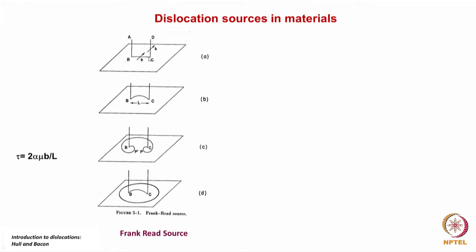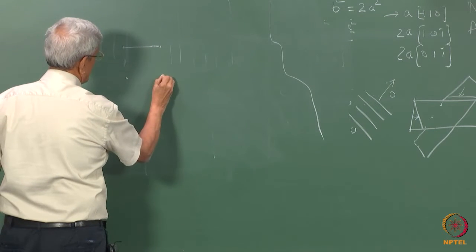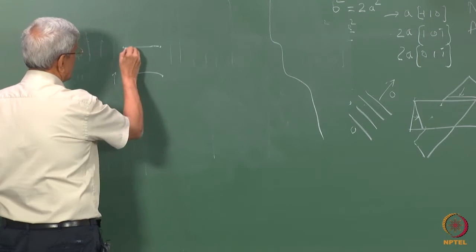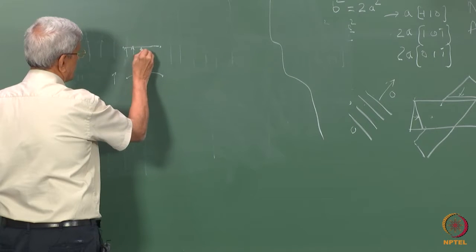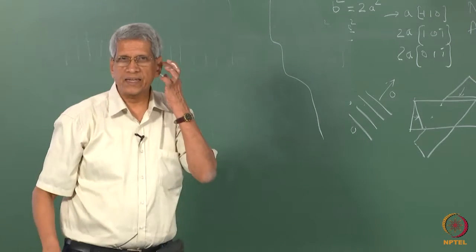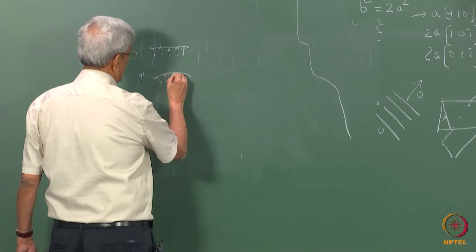So essentially when the dislocation line is pinned between these two regions, it is initially straight. Under the action of a stress applied in this direction, the dislocation line bends like this. Initially the forces are all going to act in this direction, because we have studied that the force is perpendicular to the line direction everywhere, and now the force is going to act in this way, correct?